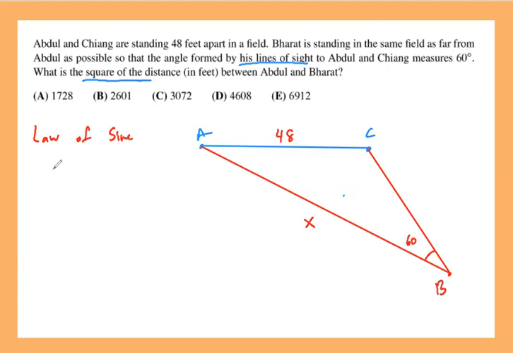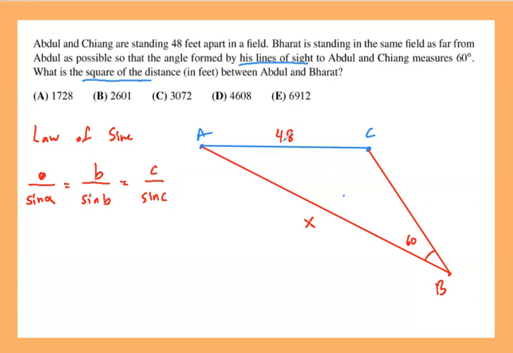Whenever you have a triangle, let's use ABC: the side length divided by the sine of the angle opposite to that side is equal to another side divided by the sine of the angle opposite that side, which is equal to the third side divided by the sine of its opposite angle. Why is this useful?